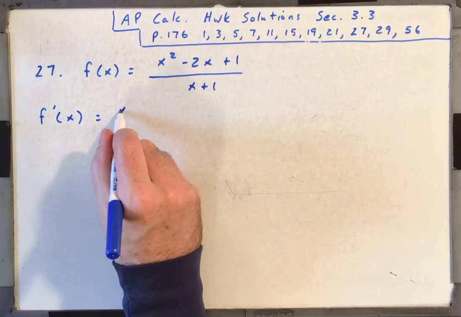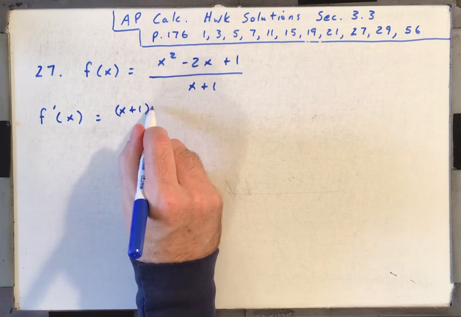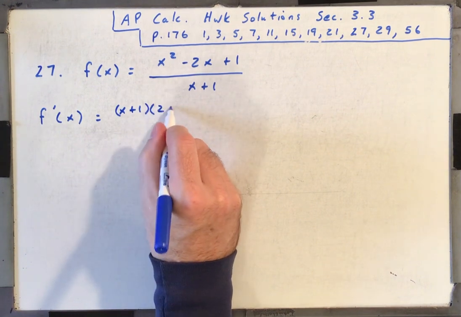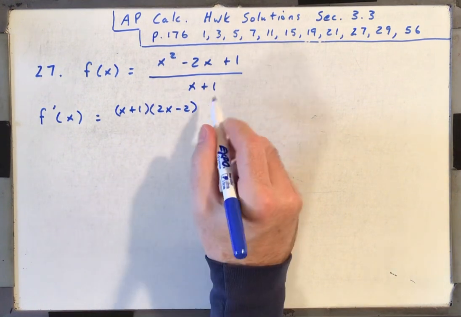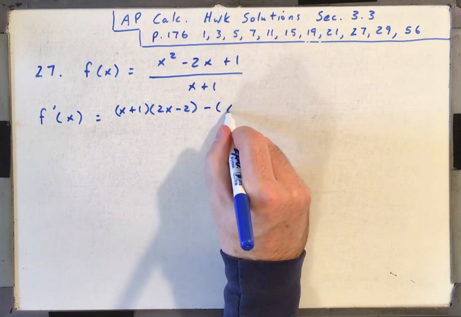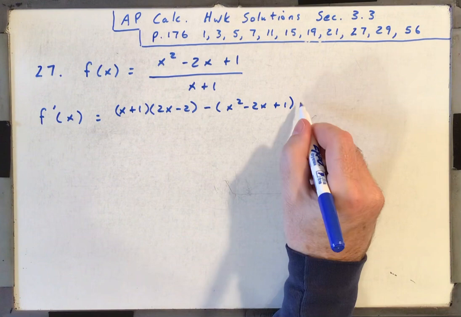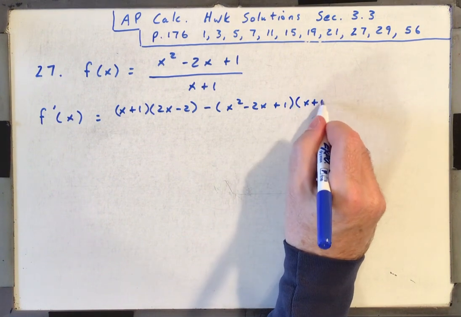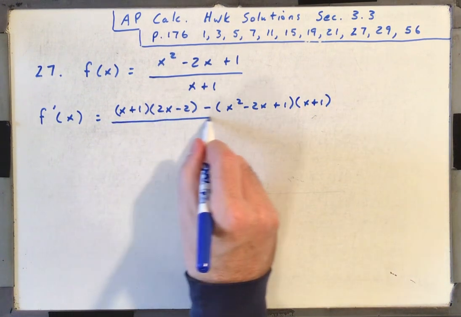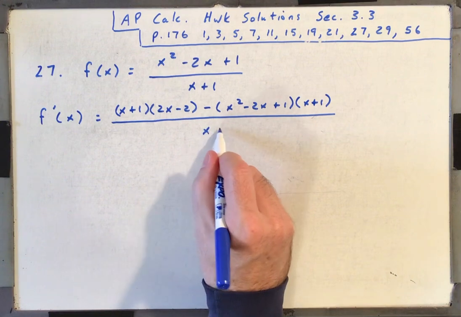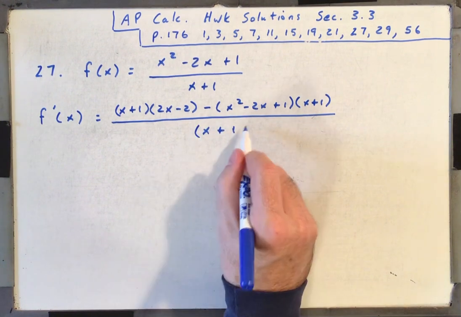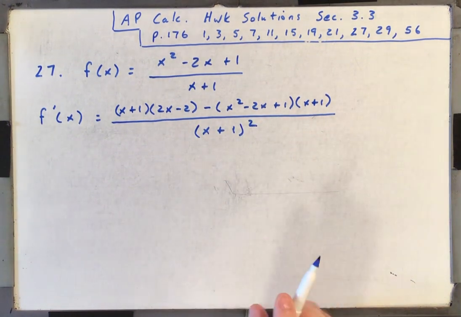So we have the bottom, x plus 1 times the derivative of the top, 2x minus 2, minus the top, x squared minus 2x plus 1, times the derivative of the bottom, x plus 1, all over the bottom squared.